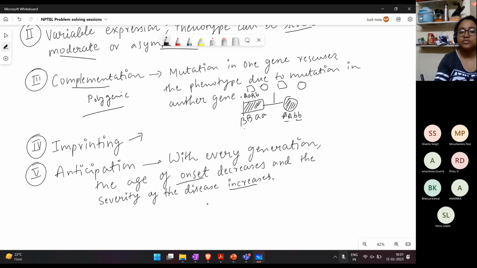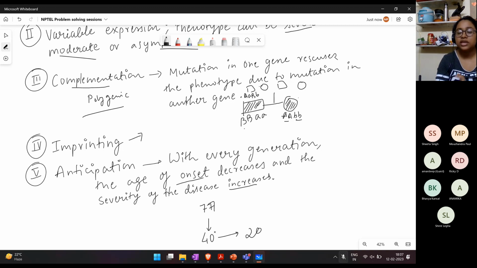So if one particular disease started its onset in the first generation, say in a grandfather at the age of 77, now his son or daughter started having the symptoms of the same disease at the age of 40. And his daughter or son started having the symptoms at the age of 20.